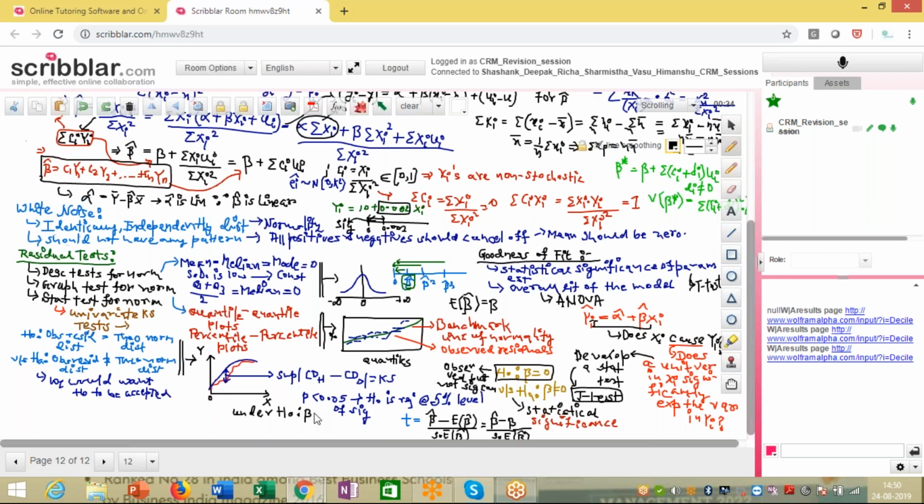Because beta is equal to 0 under the null hypothesis, the t-test statistic is beta hat divided by the standard error of beta hat.